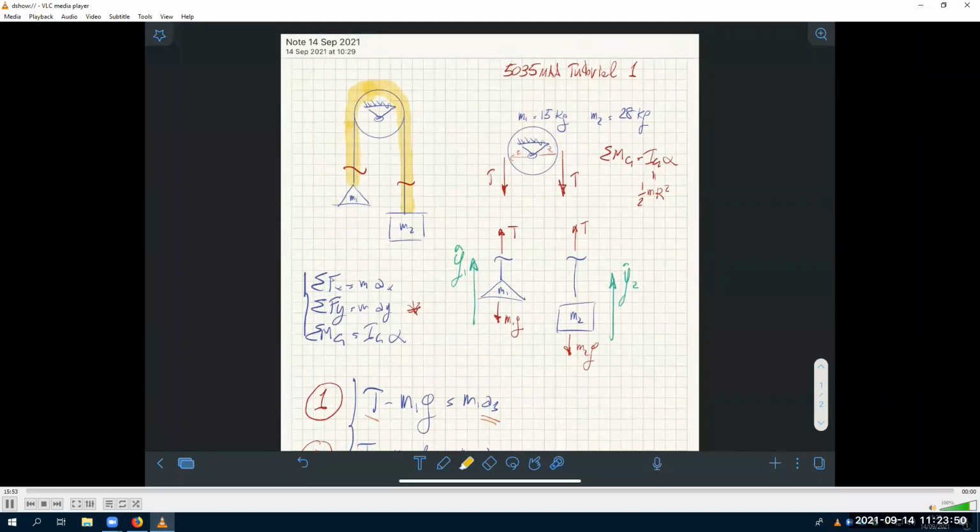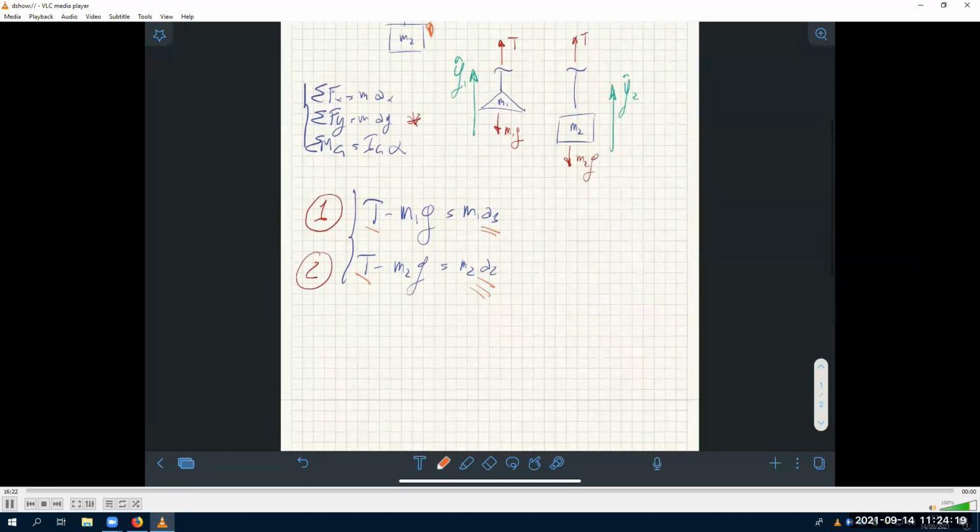We know that if mass 1 goes up by 1 meter, what happens to mass 2? It goes down 1 meter. Okay? So we can say that the displacement of mass 1 is equal and opposite to the displacement of mass 2. Agreed? If one goes up, the other goes down by the same amount.